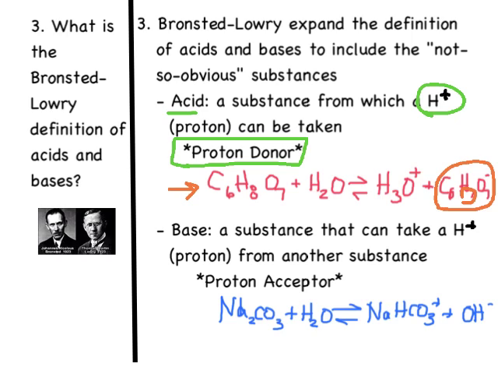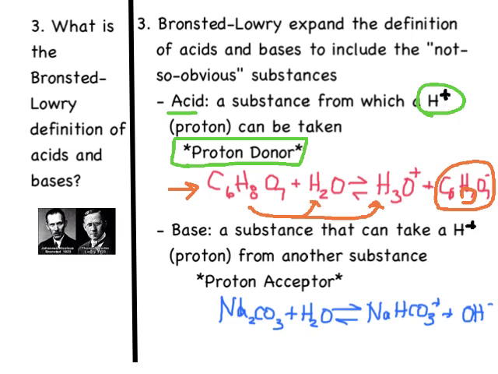That means the lemon juice gave away one of its hydrogens to water, so we ended up with H3O+ instead of H2O. Because it donated its proton to water, it's what we call an acid.